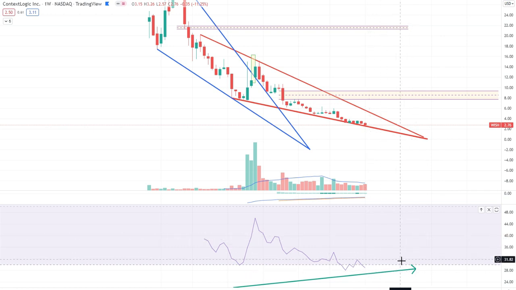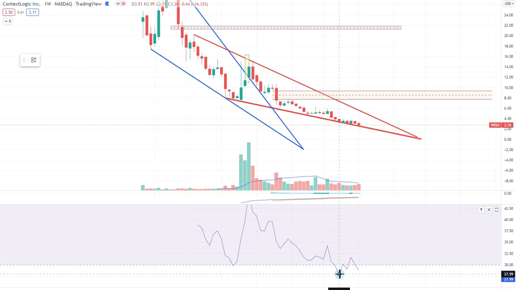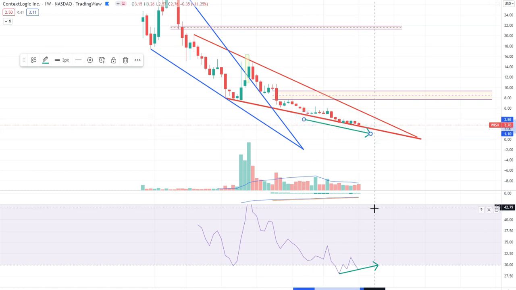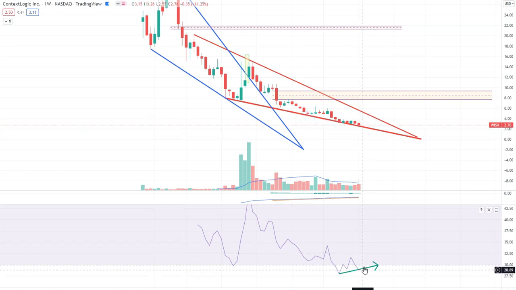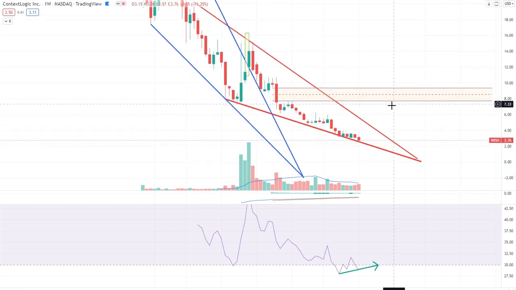Already in the weekly chart, we can see a pretty interesting divergence here because we have higher lows while the price is making lower lows. So this is a first sign that we are encountering a possible interesting reversal point.